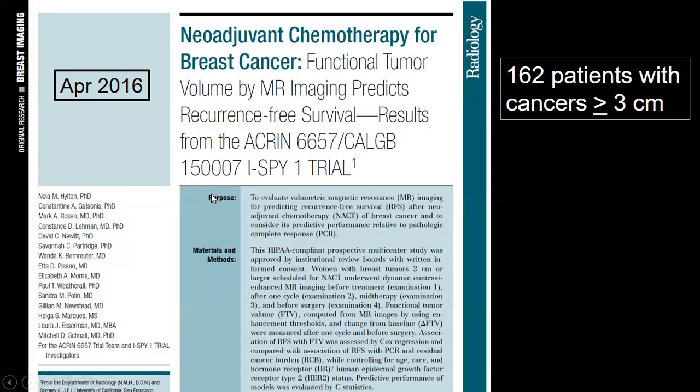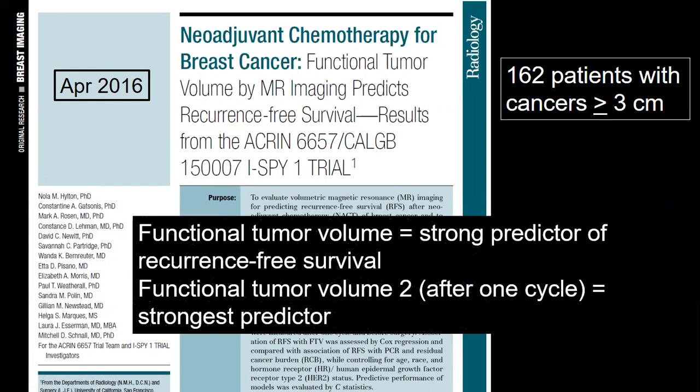So to this end, one of the major papers that came out of the long-term study was published in April 2016, consisting of 162 patients with cancer that are 3 centimeters or greater. The conclusion was that the functional tumor volume was a strong predictor of recurrence-free survival, and that's great.